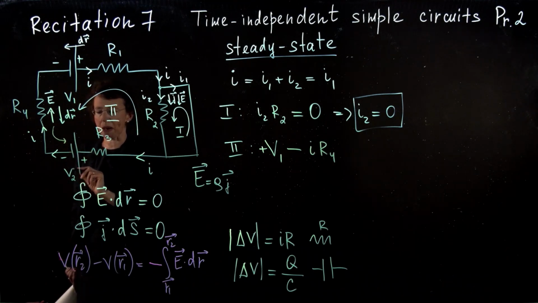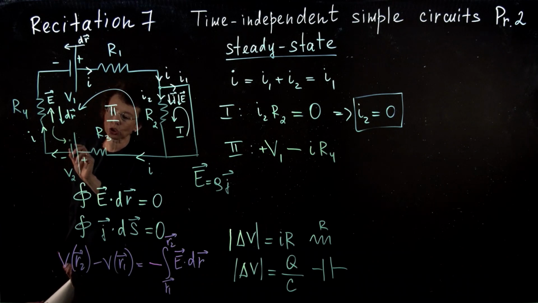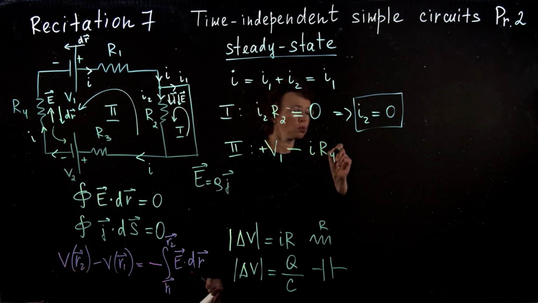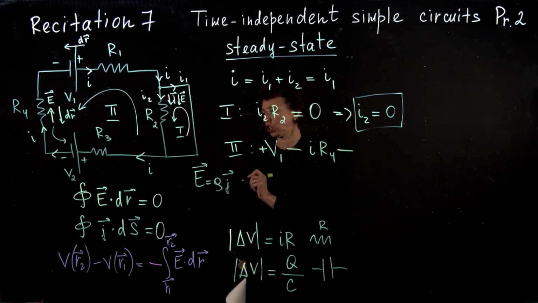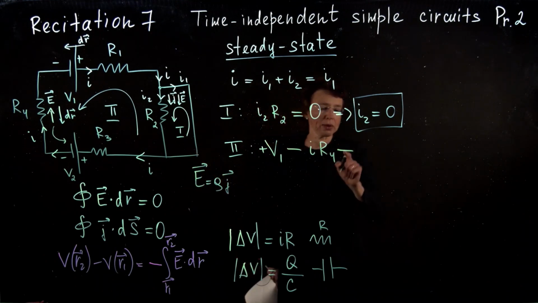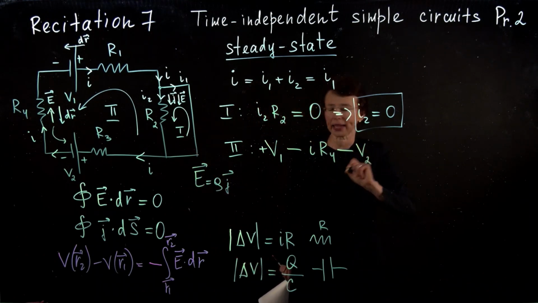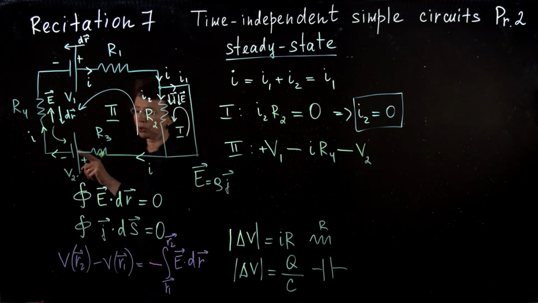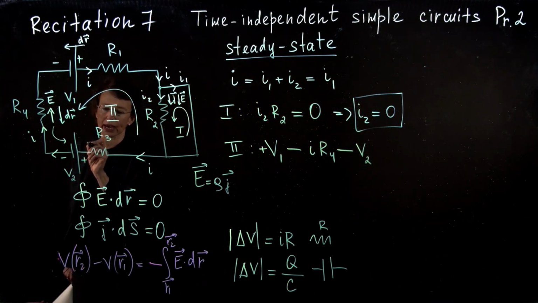We are right here. Now we keep going in the counterclockwise direction around the loop. We come to this battery. From minus to plus, we have a positive change in voltage, which means a negative change in E dot dr. That's why I put minus. The magnitude is V2. Now we go in the counterclockwise direction.